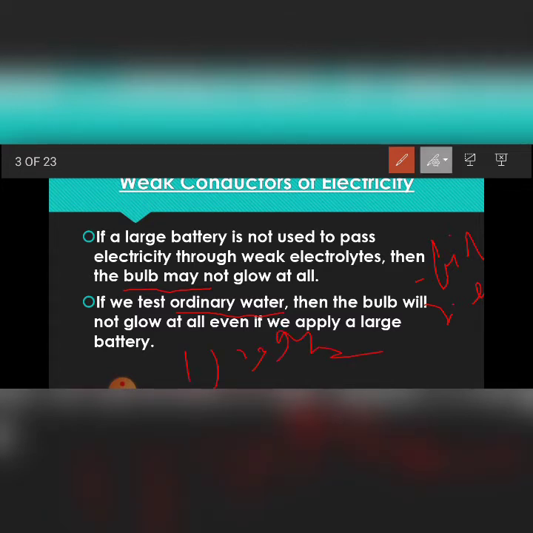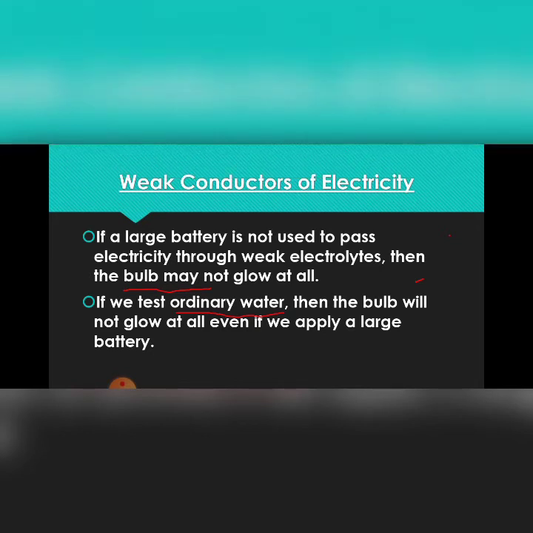So if we test ordinary water and use a large battery along with a filament type of bulb, the bulb will not glow at all. So here is some problem regarding testing of weak conductors of electricity.